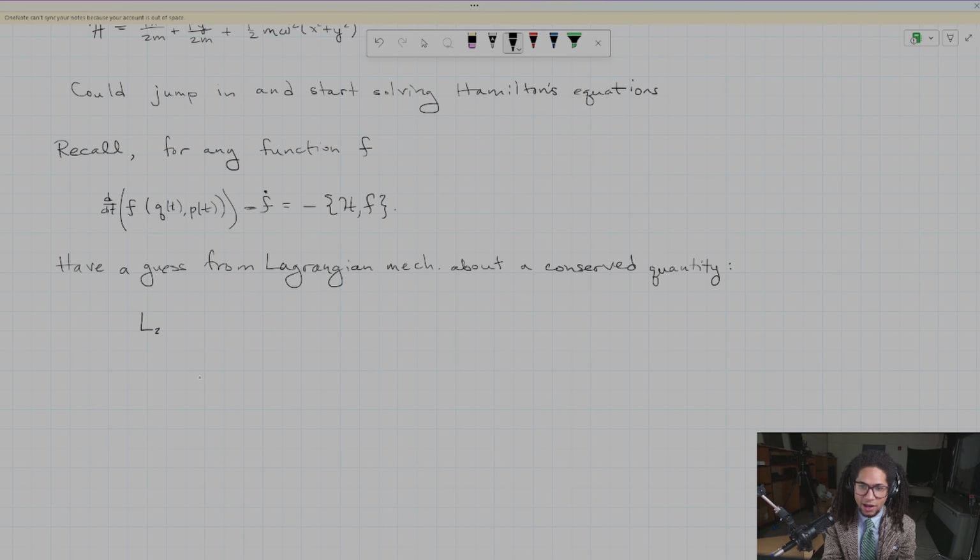So that would be L_z, which is x p_y minus y p_x. Okay. So let's just check. What is L_z dot?